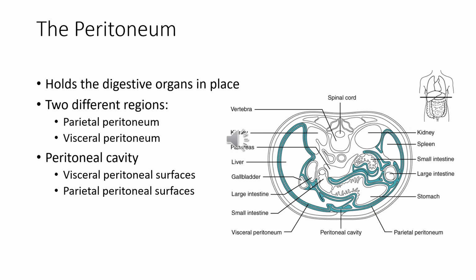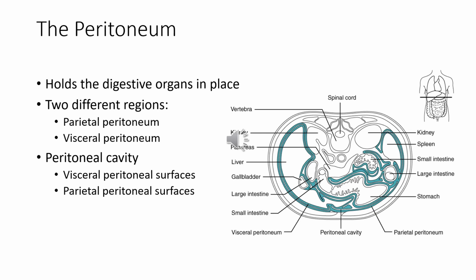First, let's look at the peritoneum and see how it normally functions and what exactly it is. The digestive organs within the abdominal cavity are held in place by the peritoneum, which is a broad serous membrane sac made up of squamous epithelial tissue surrounded by connective tissue, which we see outlined here in the green.